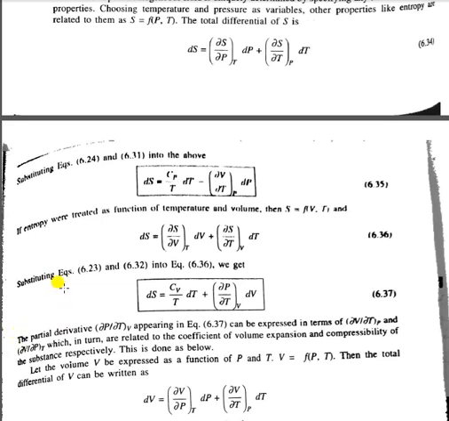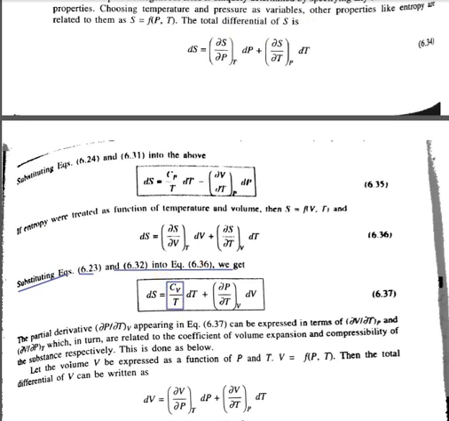Similarly, as we did above, substituting the values of equations 6.23 and 6.32 into 6.36, तो 6.23 के हिसाब से हमें क्या पुट करना है? हमें जो प्रॉपर्टीज है 6.23, del P by del T at V is equal to del S by del V at T, ठीक है, उसको रिप्रेजेंट करना है। और उसकी जगह पे हमें क्या पुट करना है? 6.32 की वैल्यू, it is Cv by T, उसकी वैल्यू क्या है?